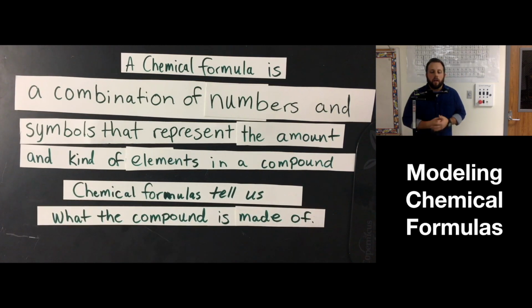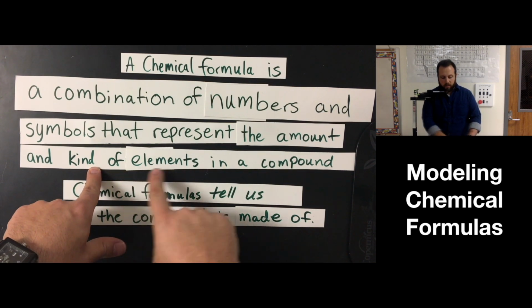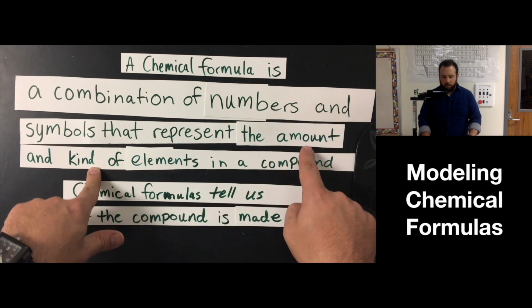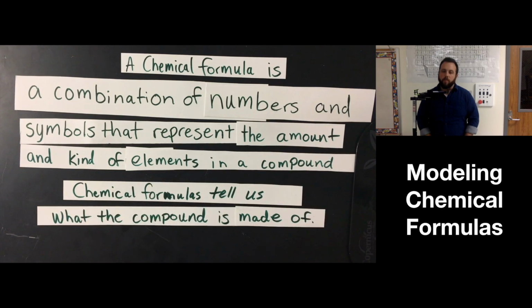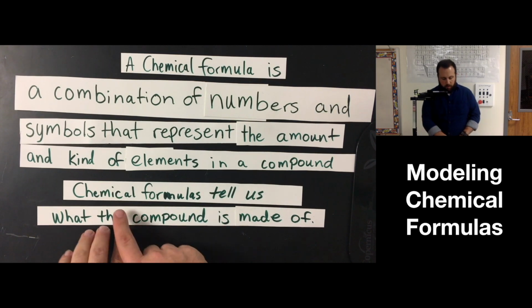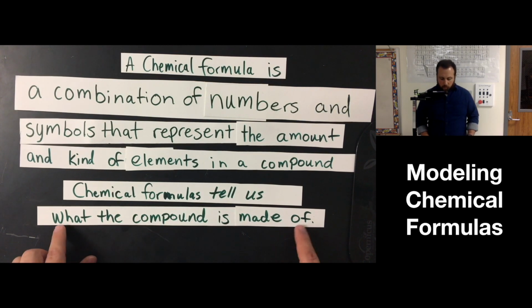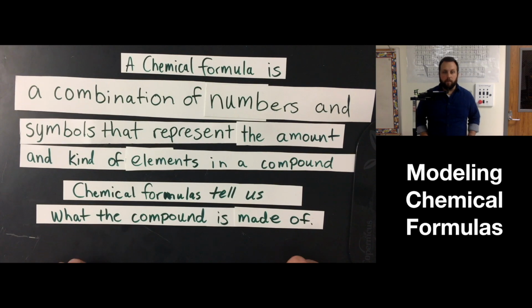Again, it's made up of chemical symbols and numbers that tell us this information. The chemical symbols tell us the kind of elements, and those numbers tell us the amount of those elements. It tells us the amount of atoms of each element in that compound.